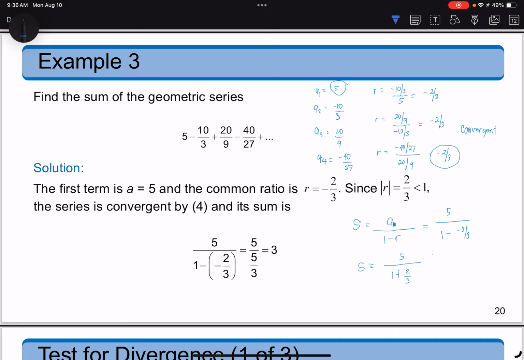We multiply both numerator and denominator by 3. So we have 15 over 3 plus 2. So the sum is 15 over 5 equal to 3. So we have proven that it is convergent with the sum equal to 3.